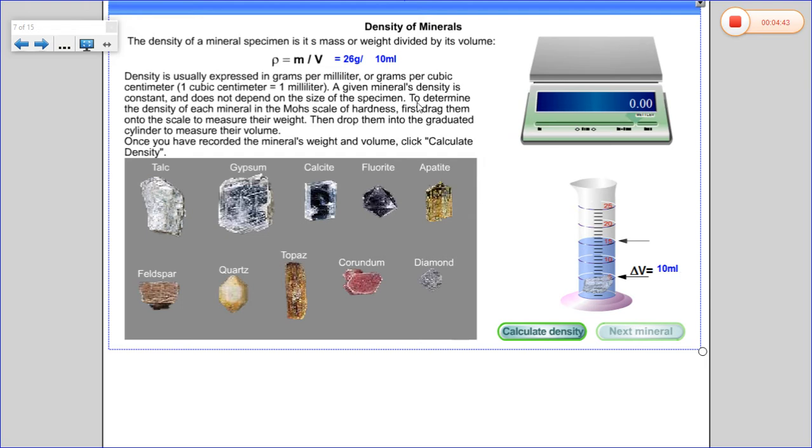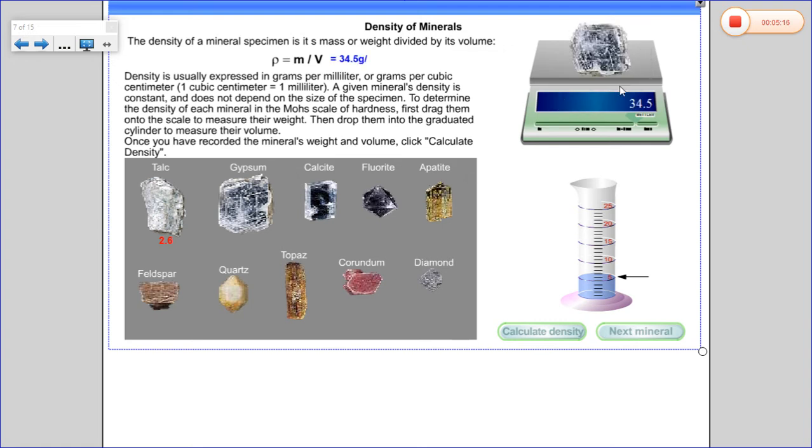So the density equals 26 grams divided by 10 milliliter, which is 2.6 grams per milliliter or centimeter cube. We can replace milliliter by centimeter cube. Don't forget that.